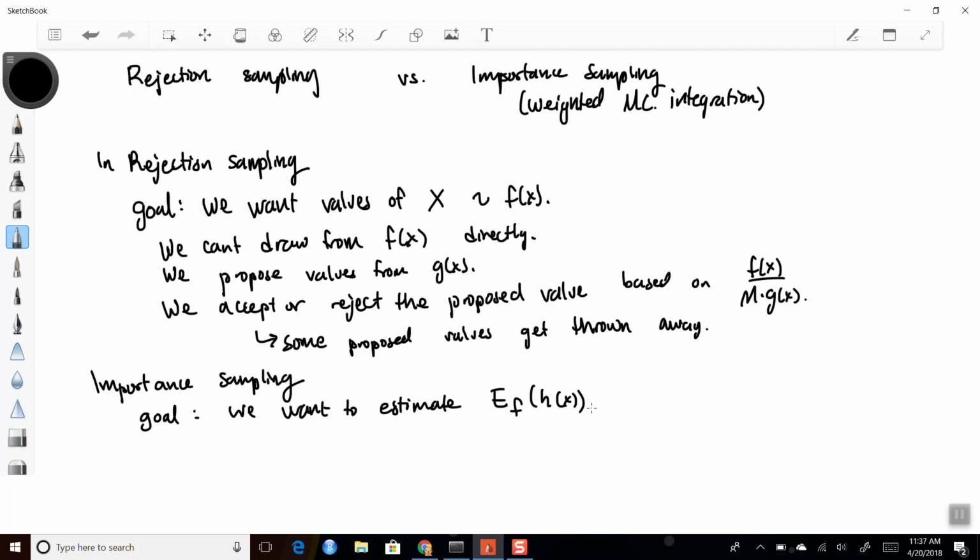With importance sampling, we're saying, well, you know what? I don't actually care about the actual values of x that I've drawn, and perhaps each value of x that I draw could provide some insight into what it is that I want. And so we still propose values from g of x instead of f of x.